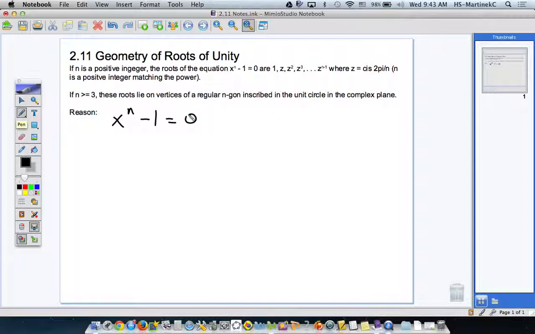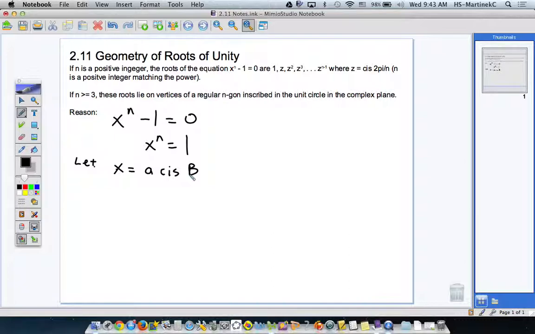Okay, so let's move 1 over to the other side, then we get x to the nth equals 1, and we'll just let x equal little a cis, I'm going to use capital B just so you can distinguish between the angle and the magnitude.